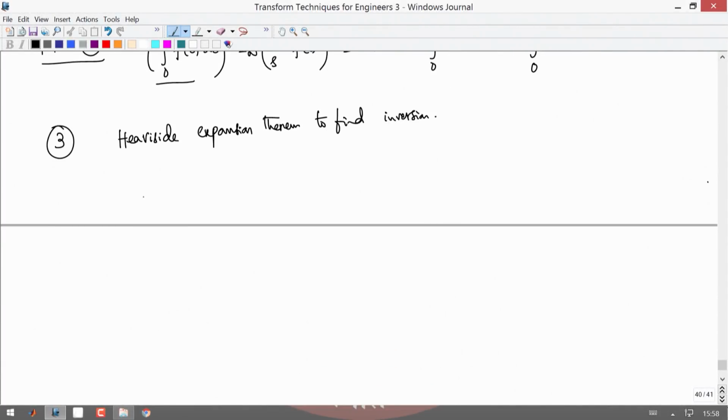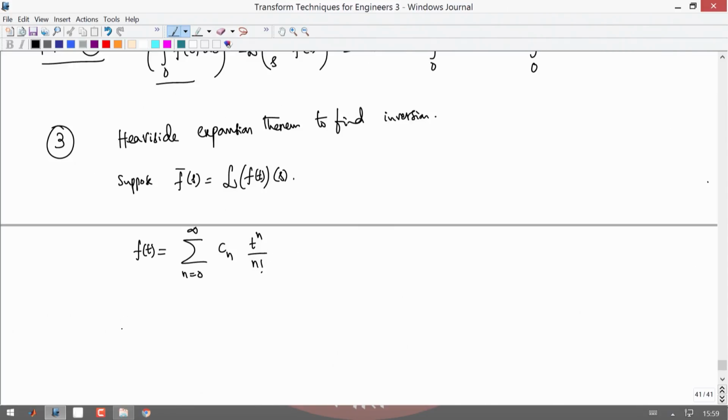This tells you that suppose f bar of s is the Laplace transform of f of t, and f of t has a Maclaurin series, a series like this, sum of Cn, n from 0 to infinity. So, these are the coefficients, just like our Taylor series coefficients, Cn times t power n divided by n factorial. Suppose you have it like this.